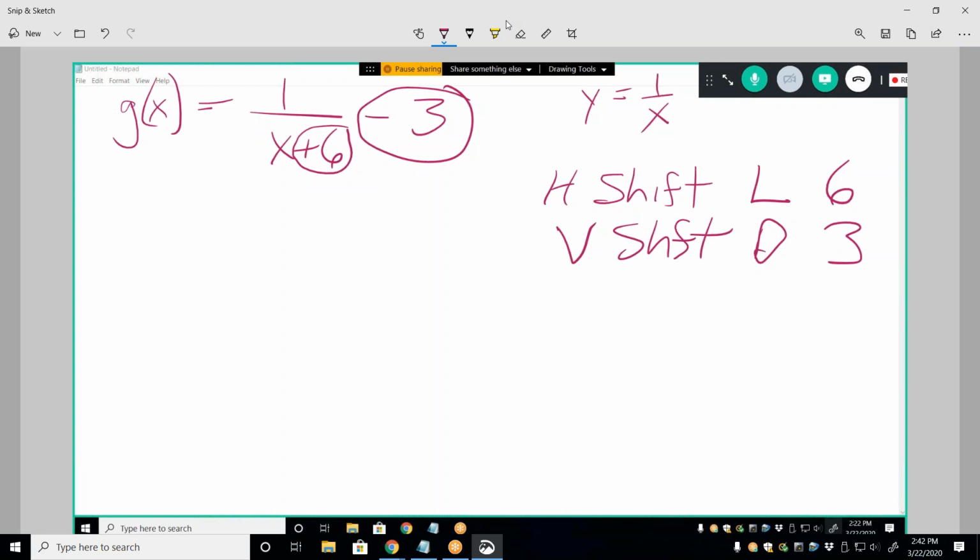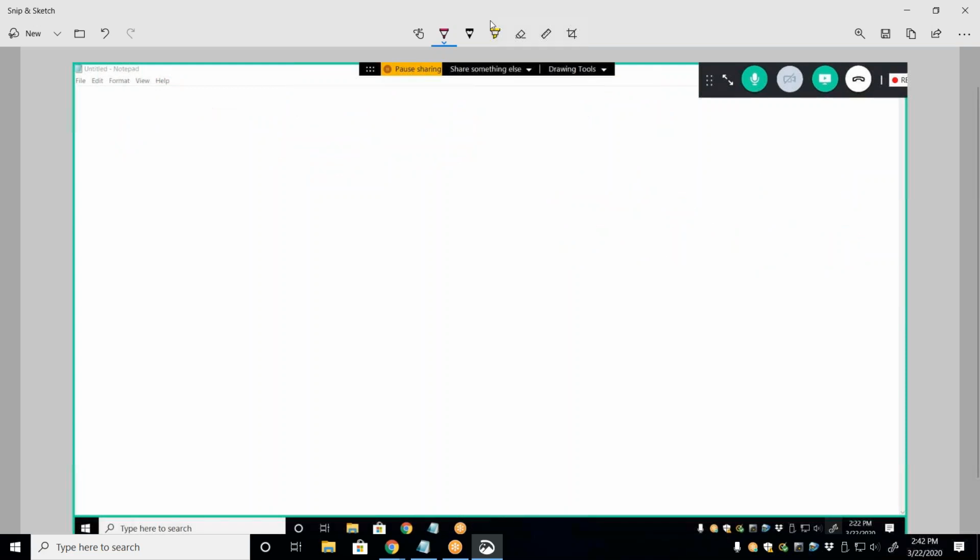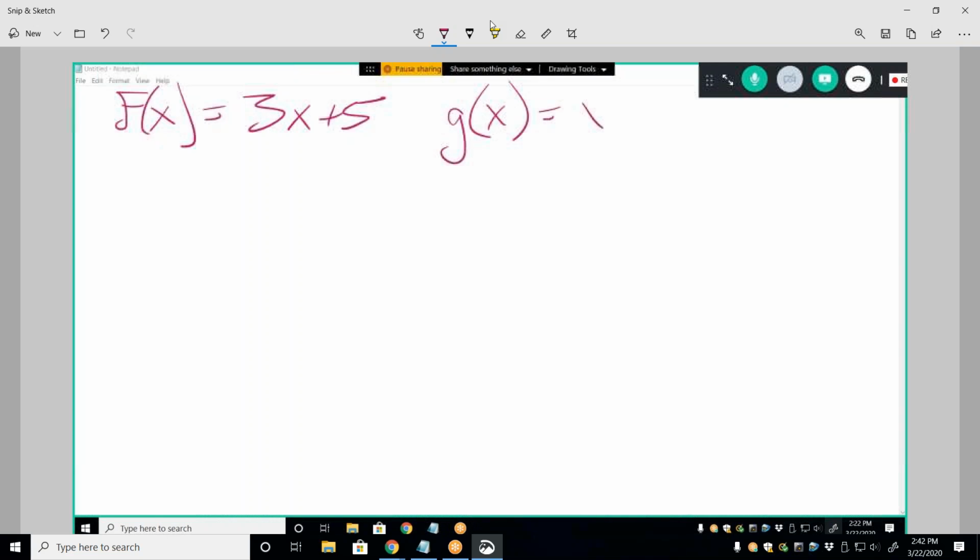So this is another f of g of x problem. So given that f of x equals 3x plus 5, and g of x equals x squared minus 3x minus 5, find g of f of 7.